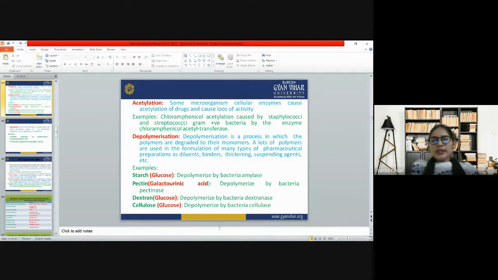For example, starch, that is glucose, is depolymerized by bacterial amylase. Pectin, galacturonic acid, is depolymerized by bacterial pectinase. Then dextrin, glucose, is depolymerized by bacterial dextrinase. Then cellulose, glucose, is depolymerized by bacterial cellulase.